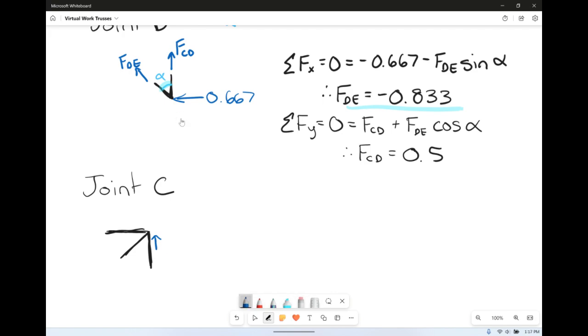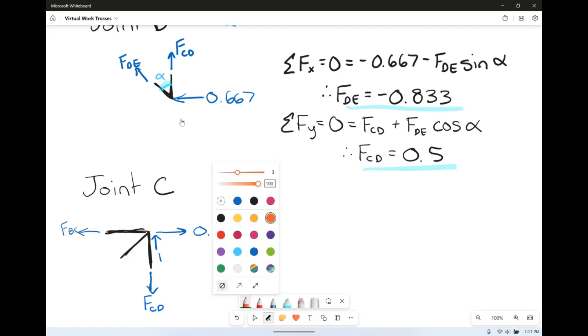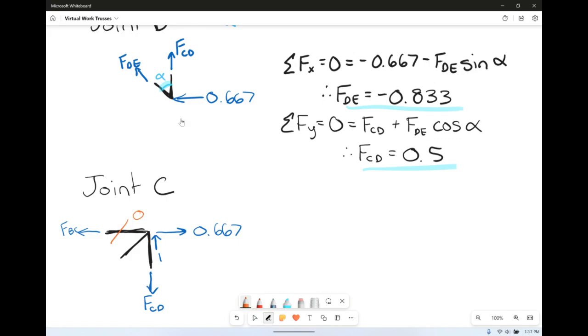Let's just go ahead and leave just the number there. CY is 1. And we said we had CX, who is 0.667. Now we just found force CD. So he was up here, 0.5. We have this force, which is BC. And as you might recall, he was a zero force member, so that makes things exciting for us. And then we have force CE.